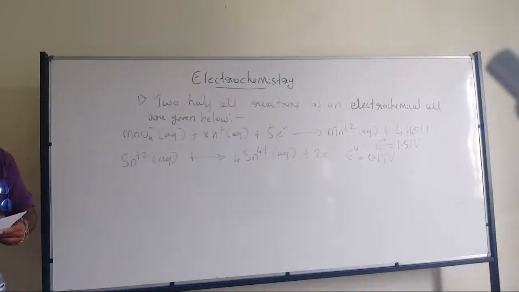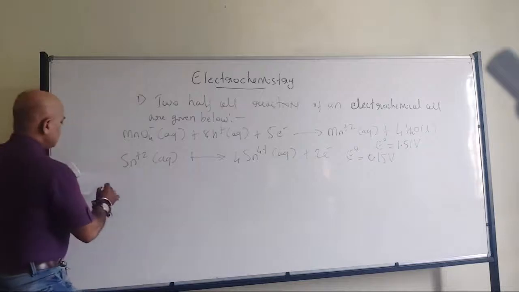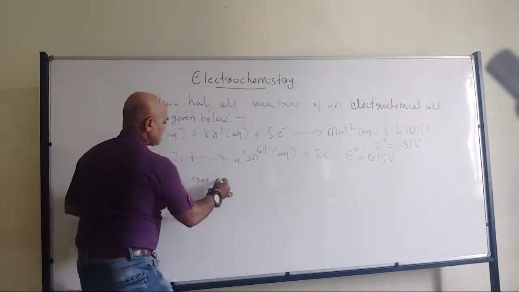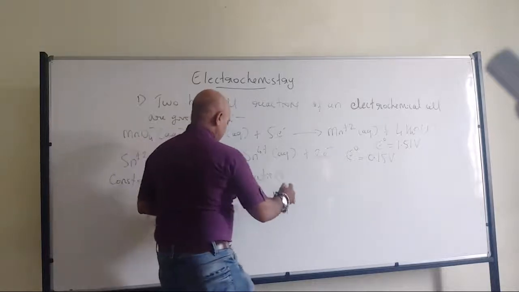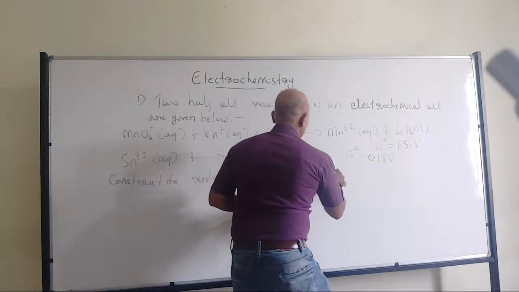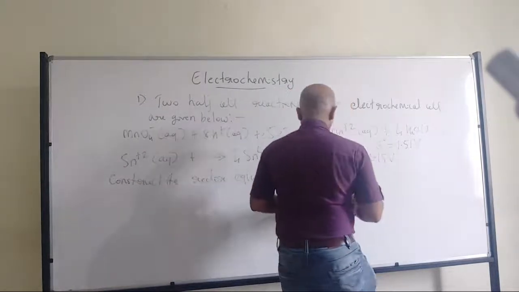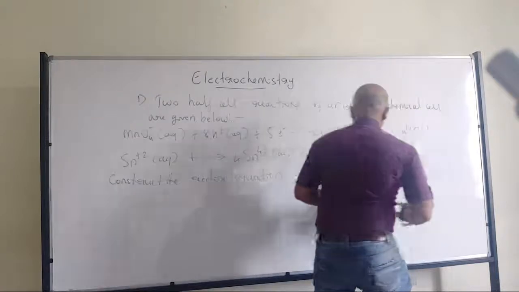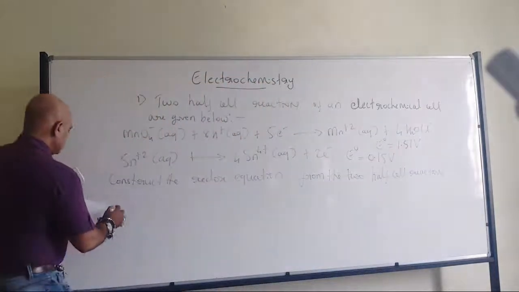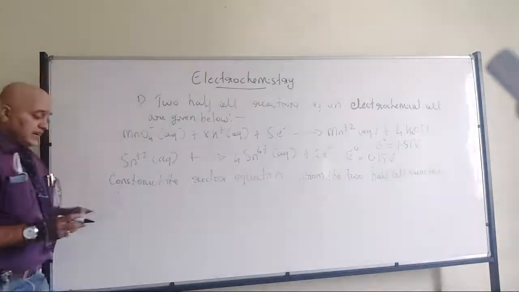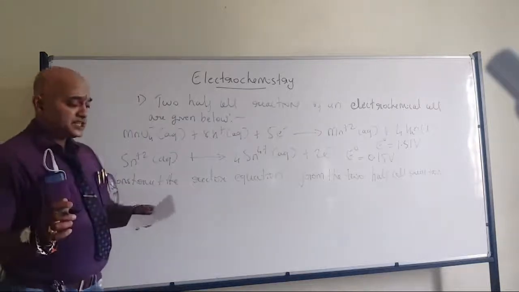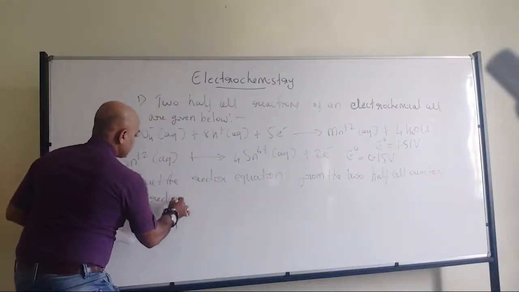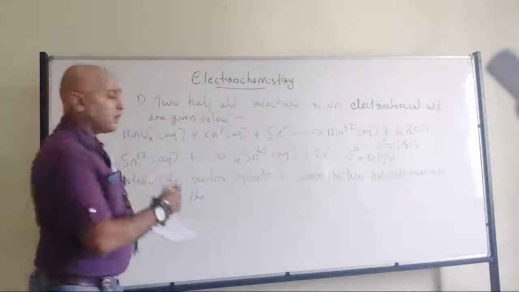Now the question here is: construct the redox equation from the two half cell reactions and predict if this reaction favors the formation of reactants or product in the equation, that means whether it will go for forward or backward reaction.